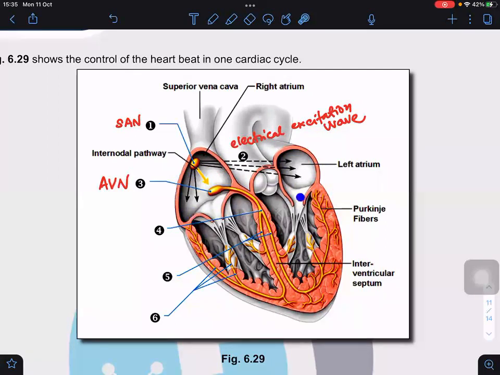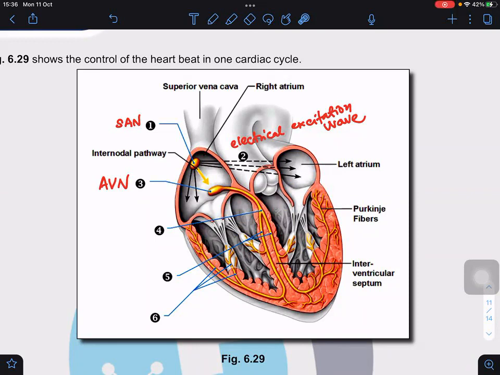When atrial systole takes place, the pressure of the blood increases. The high pressure makes sure the blood now enters the ventricle. This excitation wave is also picked up by the AVN. Why must it be the AVN? Because there is no conducting fiber between the atrium and the ventricle.